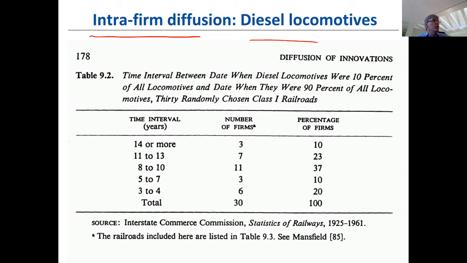So the same company employs both very old and very new technology. And that's what you see also here for several companies. It took more than 14 years to get from 10% of these locomotives to 90% of these locomotives. Of course, the alternative would be the steam engine, the Dampflok.